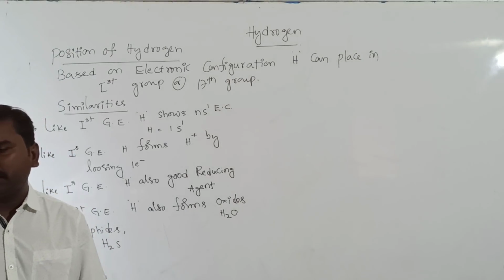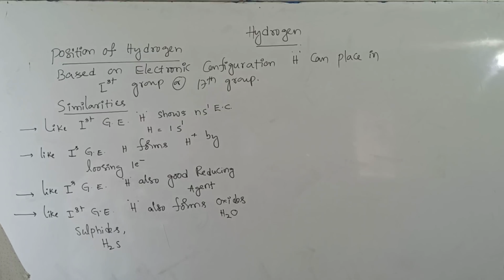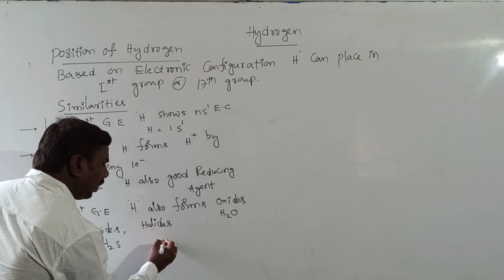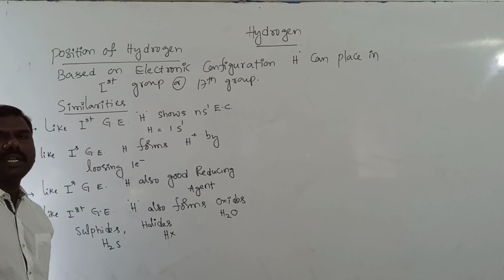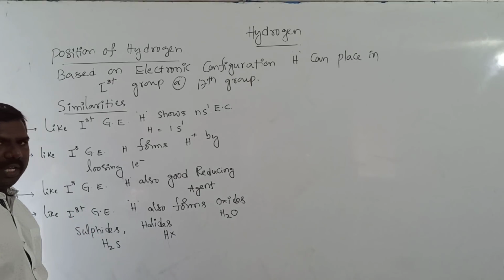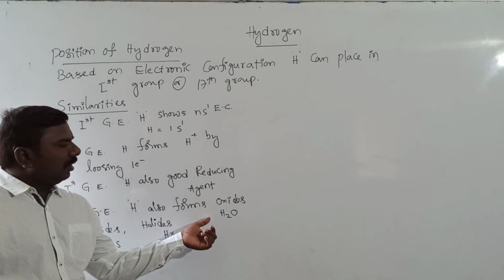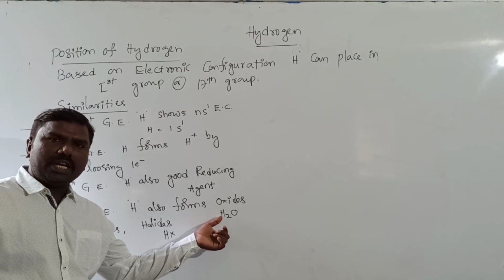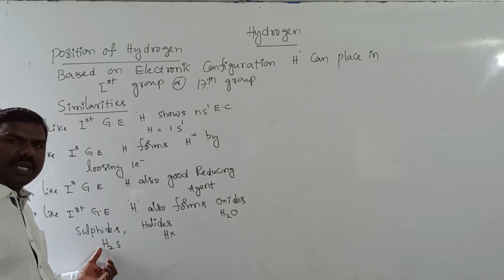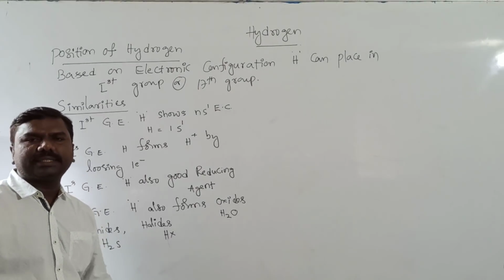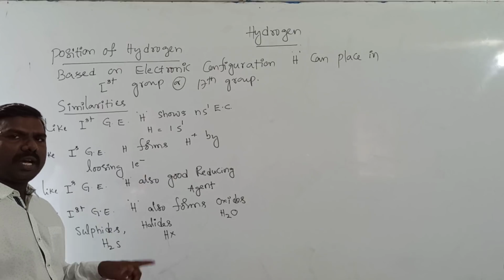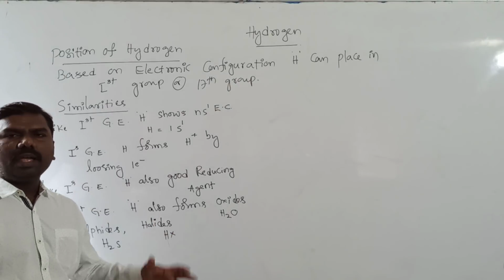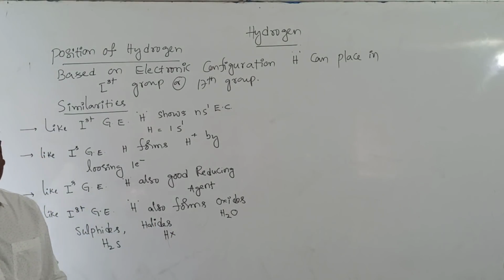Nitrides, hydrogen with nitrogen. Halides, even halides also. Halides means hydrogen with halide. Like first case, it means alkali metals, nothing but first group. Sodium Na2X, sodium NaX. It means like first group elements, hydrogen can also form oxide, sulfide and which one, that is halides.